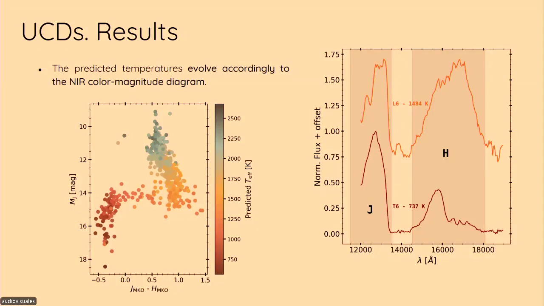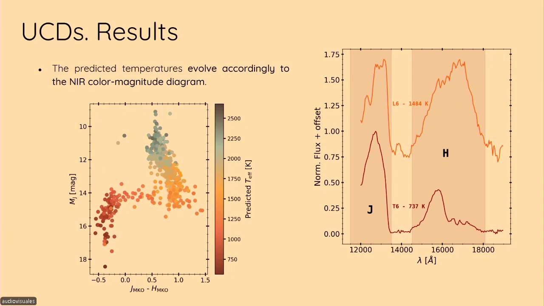Okay, so as you can see, our predicted effective temperatures evolve accordingly to this sequence that we saw at the start of the talk. And you can see how in the LT transition, which is this horizontal line, the effective temperatures remain more or less constant, as is expected, as this has been observed a lot of times in the literature.